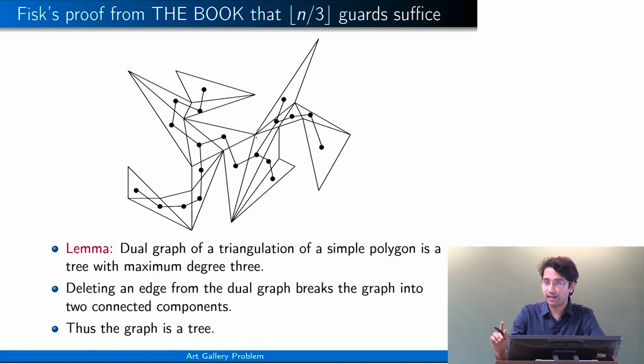I am not trying to color the vertices of the tree. What is the chromatic number for a tree? It is not even 3, it is less than 3, it is 2. But are we trying to color the dual graph? We are trying to color the polygon with the triangulation, or we are trying to color the vertices of the polygon.